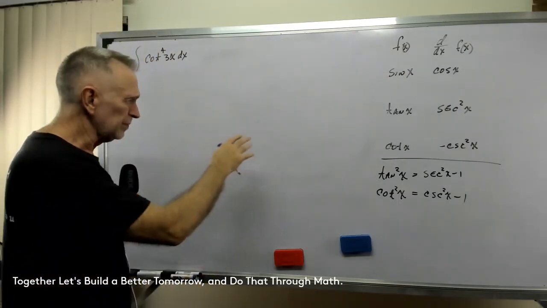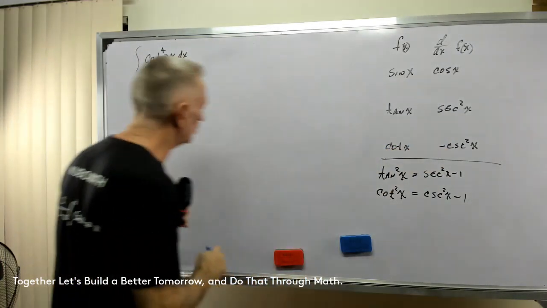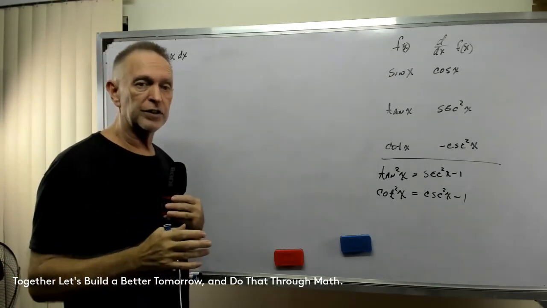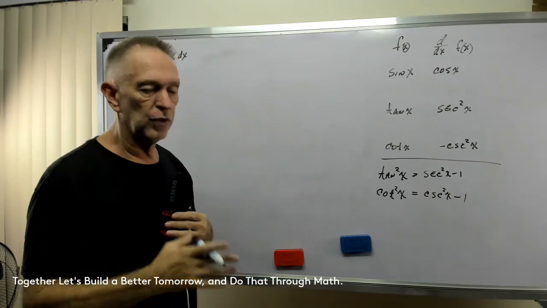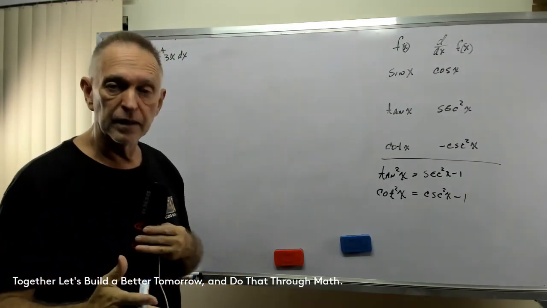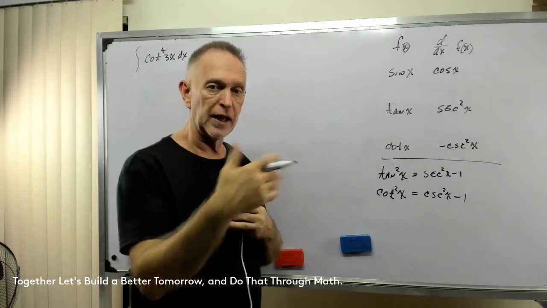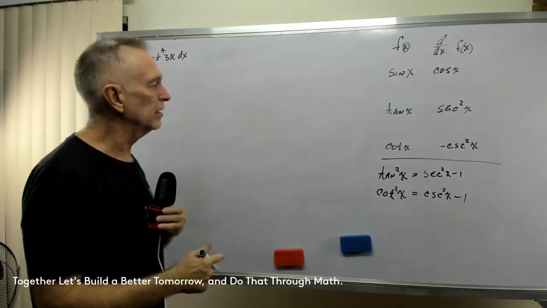Well, since we have cotangent and cosecant, many times, and you know this from integration of a problem with sine in it, if you had a sine and a cosine, then it made the problem where, okay, I have a function and its derivative, so I can integrate that. I know how to do that.